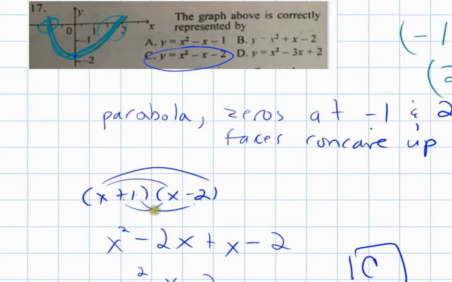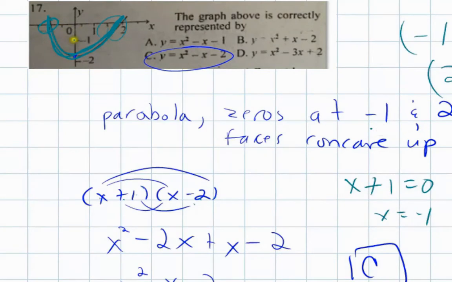Normally, if we were asked to find the zeros, we'd be given an equation like this, and we'd split it up and solve by setting these equal to 0. So I would say x plus 1 is equal to 0, and then x is equal to negative 1, and that would tell me that it was a zero.